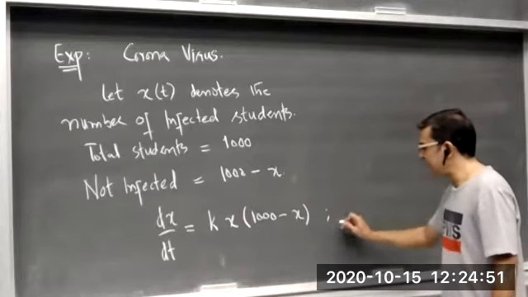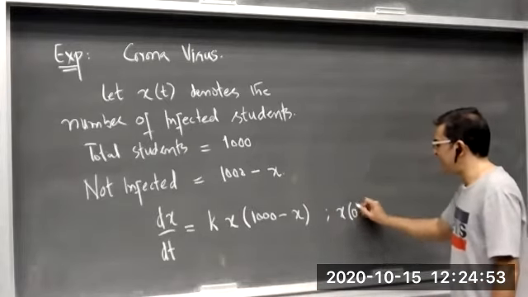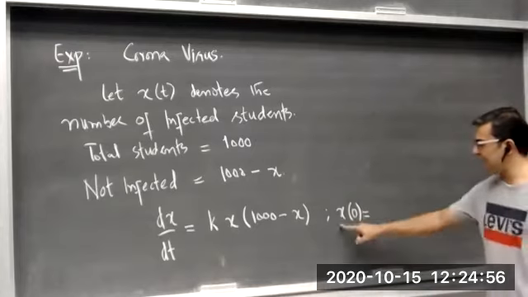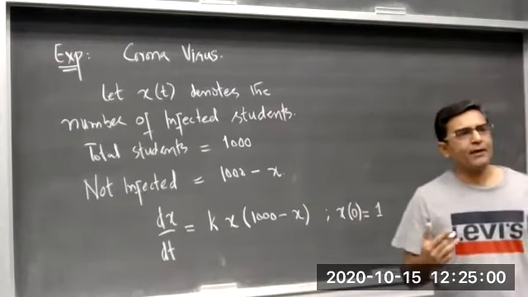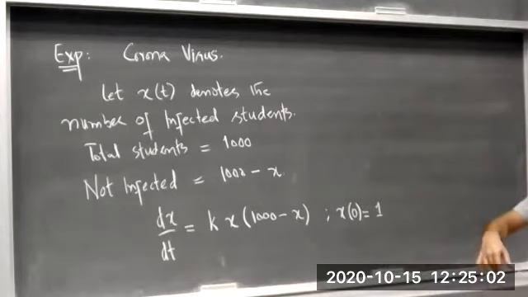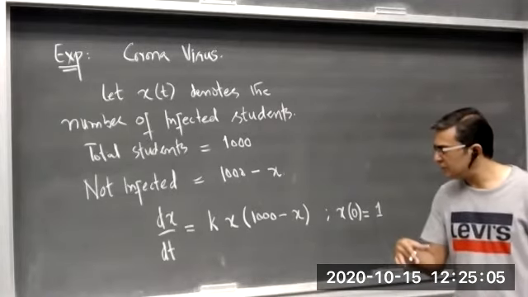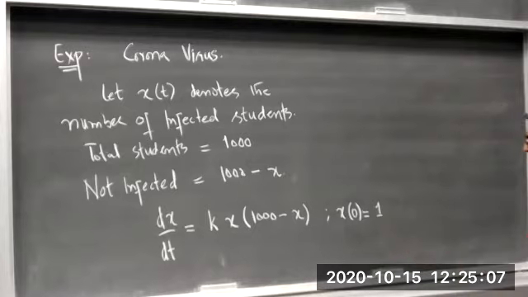And initially, how many students have entered the campus? x(0) is 1. Initially, one student has come back to the campus carrying that infection.